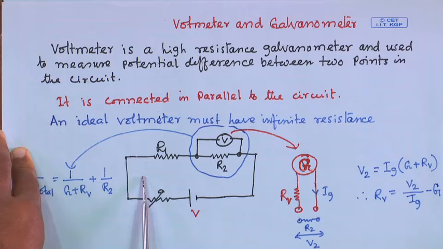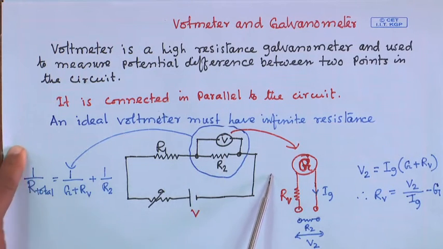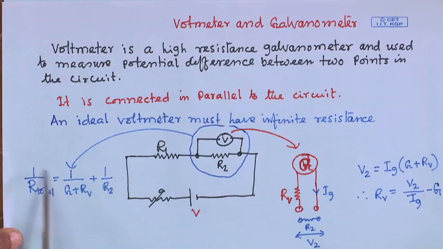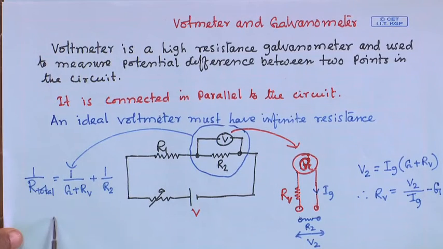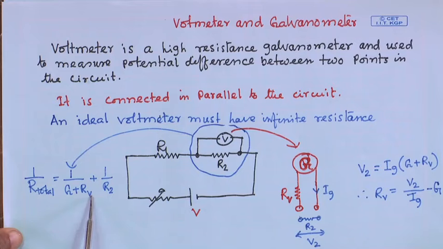If I connect it in parallel, what will be the resistance of this part? 1 by R total equals 1 by the resistance of the voltmeter, that is the resistance of the galvanometer plus the additional resistance we have added in the galvanometer, as I showed you.